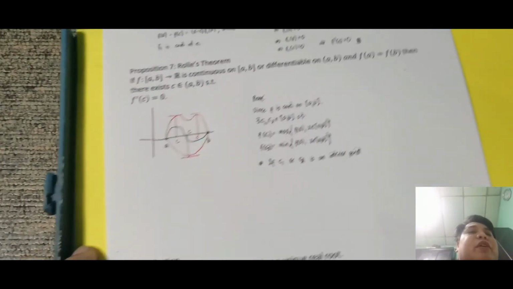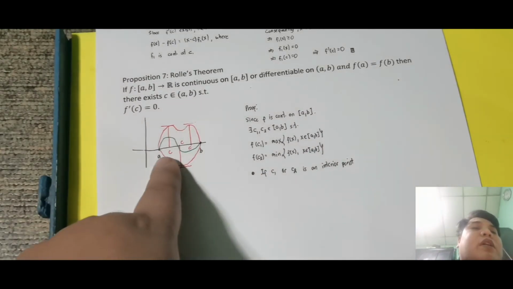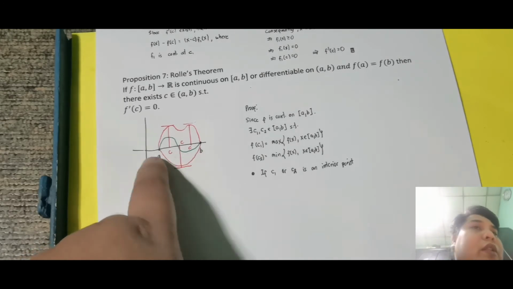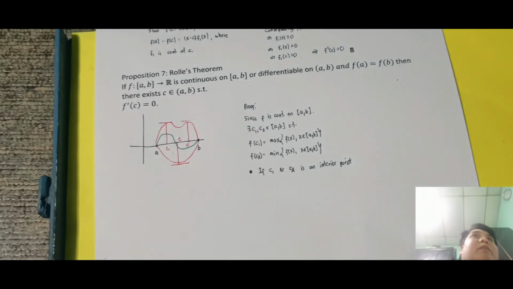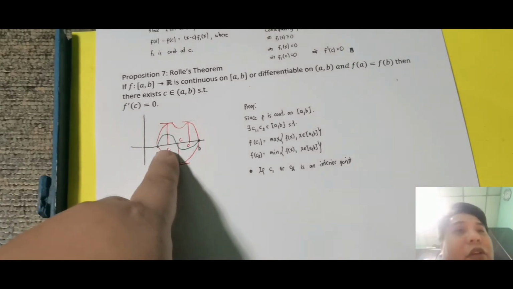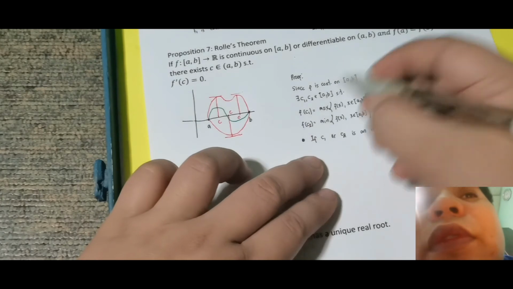So ano ibig sabihin ng interior point? Kung si c1 and c2 is interior point, meaning nasa loob ng domain. Ano ba definition sa derivative? Si c is interior if siya ay napapalibutan ng isang maliit na interval, kung may mag-exist na delta. Kung si c1 and c2 is interior, meaning nasa loob talaga, then we are done.